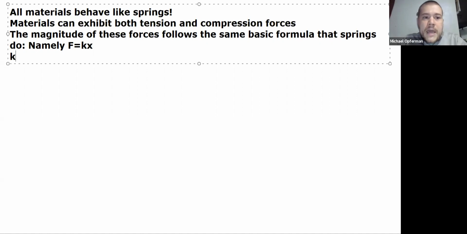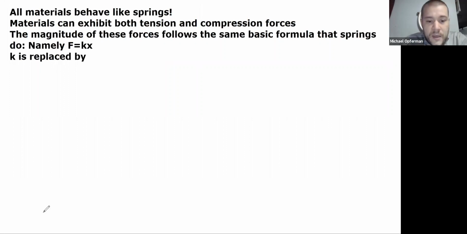So k is replaced by an expression, let me write it with the pen. k is replaced by an expression, we're going to use capital Y times A divided by L subscript 0. And I'll have to explain what each one of those means.